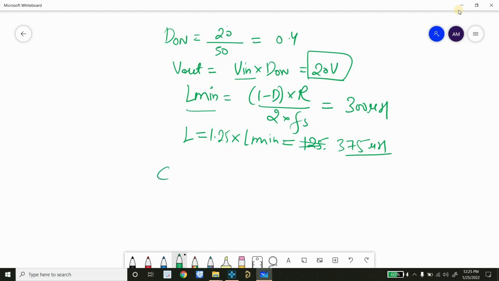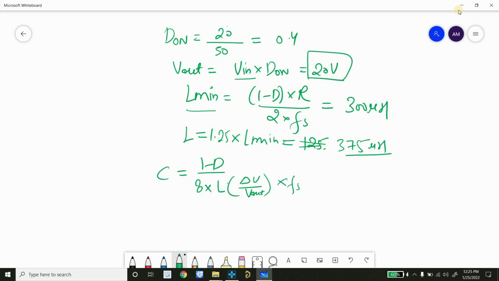Now the next step is to calculate the capacitor, the one we use to remove ripple. It will be (1 minus D) divided by 8 times inductor times ripple factor times switching frequency squared. The ripple factor is just delta V upon V out, which is the RMS of the AC component divided by the average or DC component.